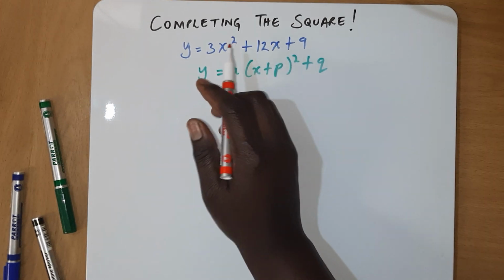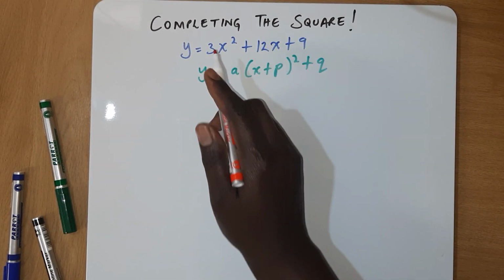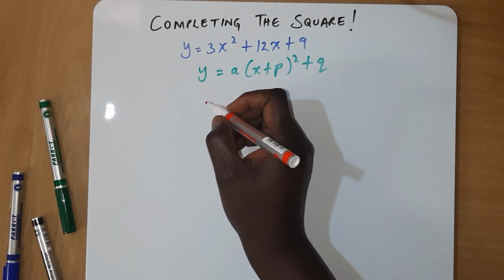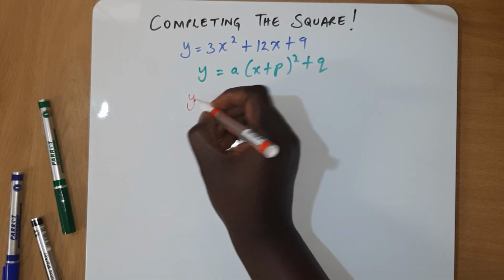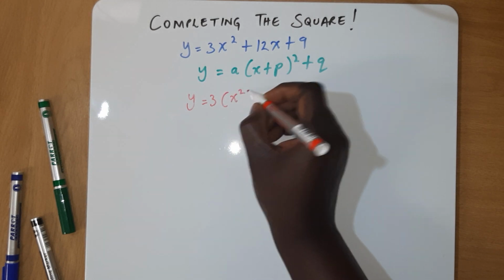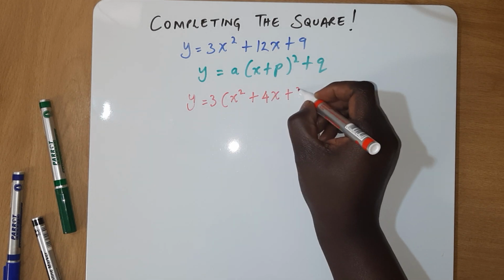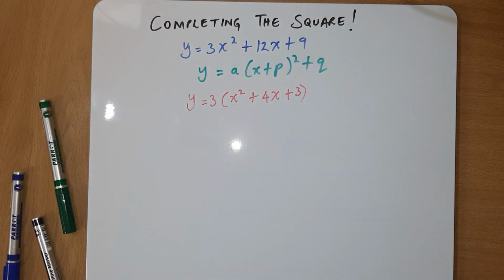You look at what is a common factor. If there's a common factor, we bring it out already. So we have y is equal to 3 times x squared plus 4x plus 3. So we brought out the common factor 3.